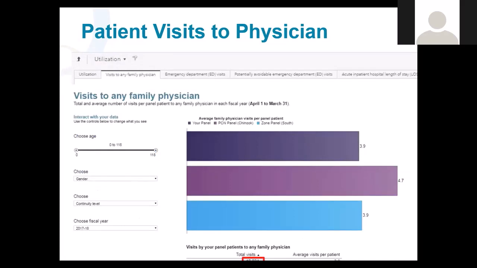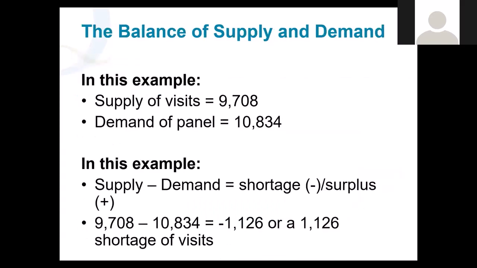So it's not just visits to this particular physician, but visits to all physicians. What we can see here at the bottom is that this panel of patients actually had 10,834 visits in the same year of data. So this is the demand of the panel of patients.